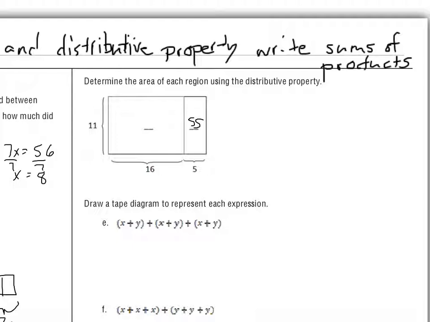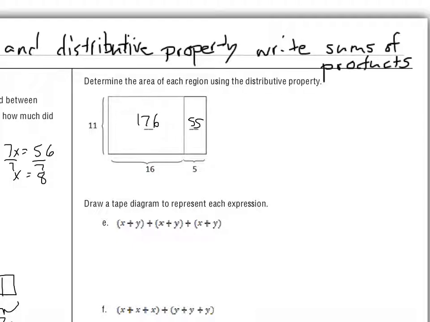So you should identify that this is 176 and 55. Do me a favor, off to the side, right here, what is this rectangle, what multiplication of a number and a sum is this trying to model?